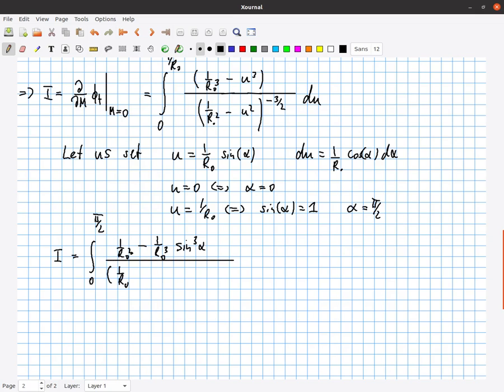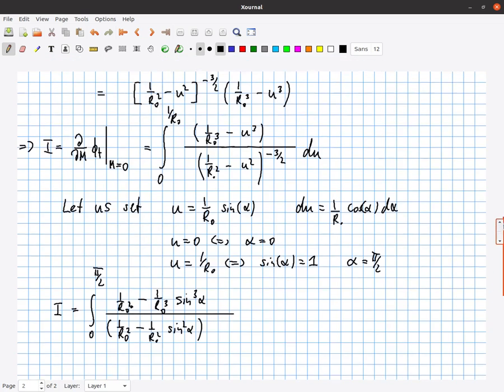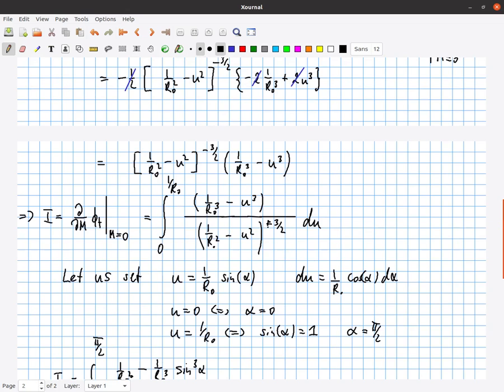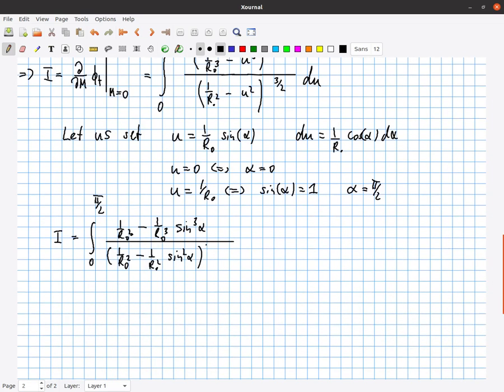Here we have 1/r0 squared minus 1/r0 squared sine squared alpha, to the power 3/2. And our du, which is back here, was 1/r0 cosine alpha d alpha.